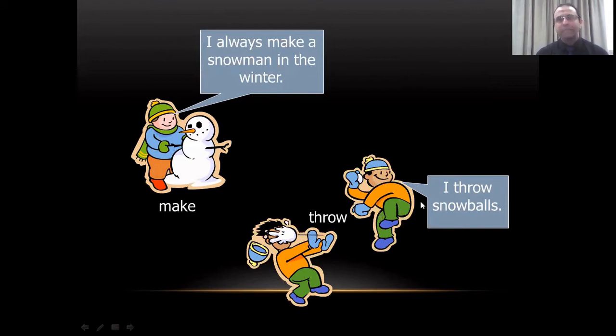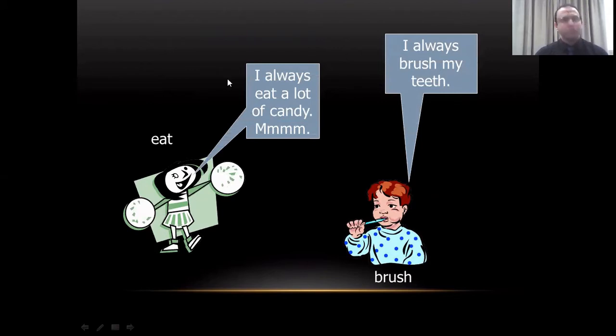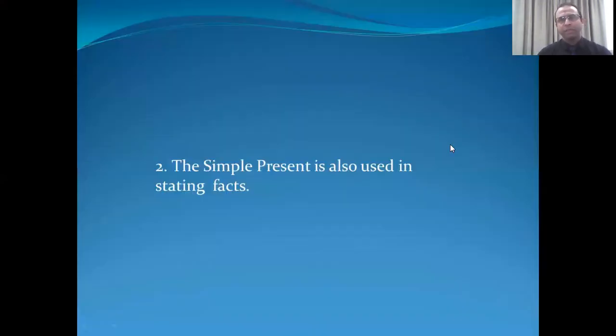The next man says, I throw snowballs, because he was talking about himself. Next one. This girl is talking about herself. So she says, I always eat a lot of candy. Delicious. Next one. This girl also is talking about herself. So she uses I always brush my teeth.